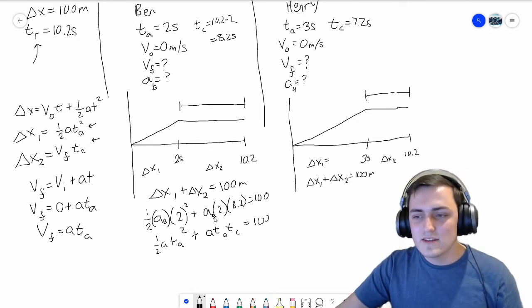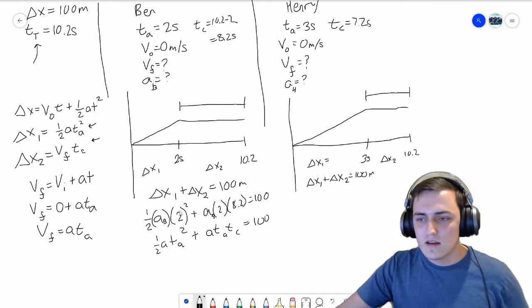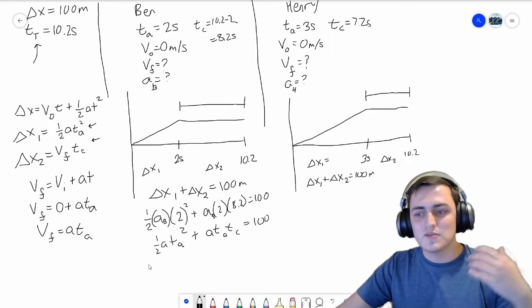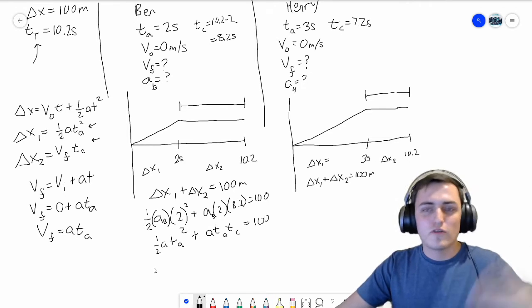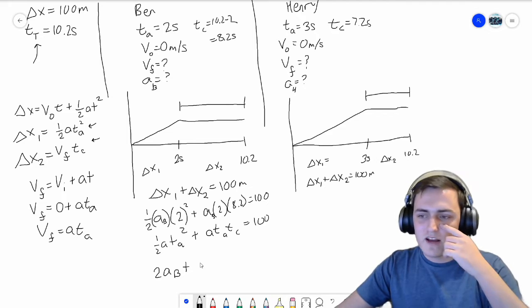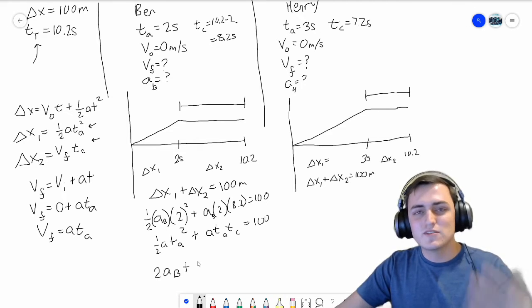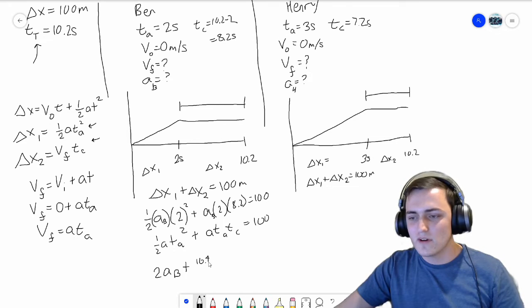Now we can go ahead and solve the quadratic equation for the acceleration of Ben. And so this first term can be simplified as 1/2 times 2 squared. 2 squared is 4. 4 over 2 simplifies down to just 2 times AB, plus we have AB times 2 times 8.2. So what is 2 times 8.2? That's 16.4.